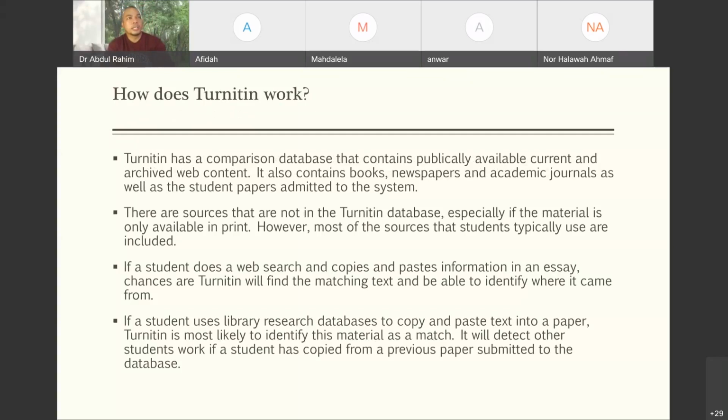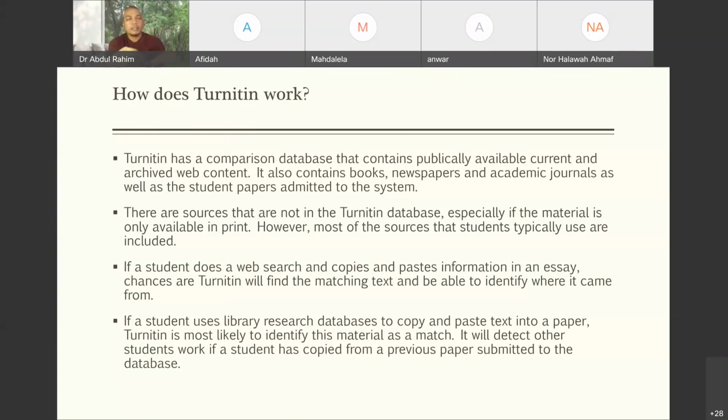Okay, next, how does Turnitin work? Turnitin has a comparison database that contains publicly available current and archived web content. So they have stored all the information uploaded on the internet. That's why they have all this information from books, from newspapers and academic journals, as well as student papers submitted to the system.